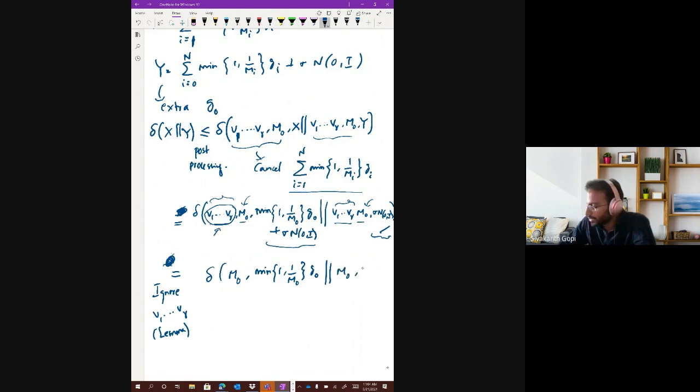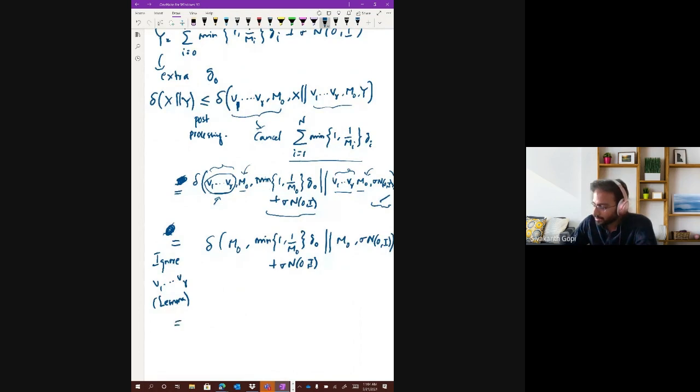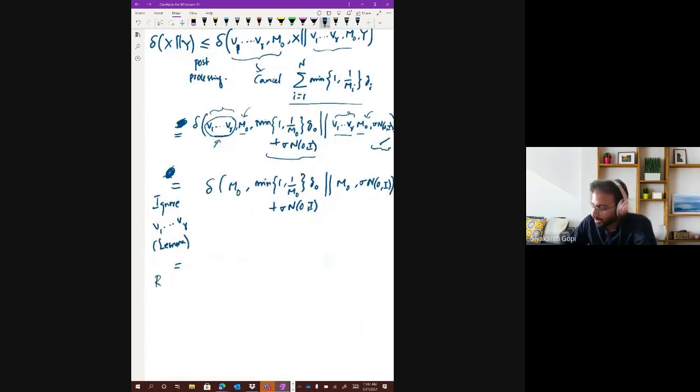So you get M0 and just this plus the Gaussian noise, and this. Now I'll do a rotation. I'll rotate the space by applying a rotation matrix U such that U times G becomes proportional to E1. Basically, I'm rotating space so that G has only one non-zero coordinate, the first coordinate.